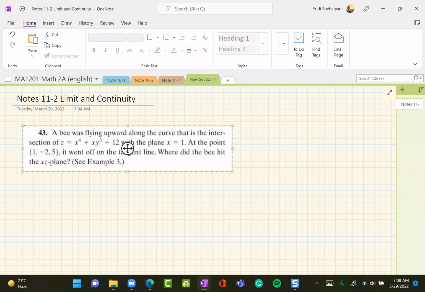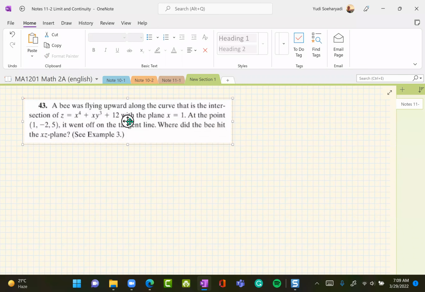Problem: a bee is flying upward along a curve, which is the intersection of this surface, okay, to the power 4, with the plane x equals 1.